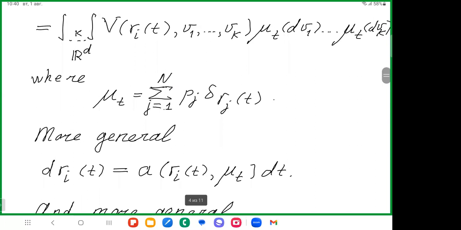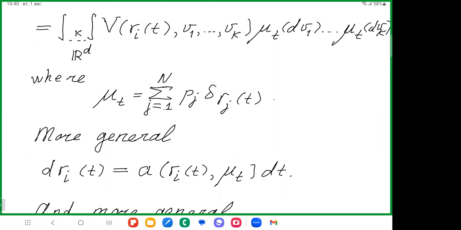More general, one can say that if we have a system of the particles with interaction, then its motion can be described by the differential equation like this, where the coefficient A now is corresponding to the influence of external force at the point R_i, and also is corresponding to the interaction between all particles.